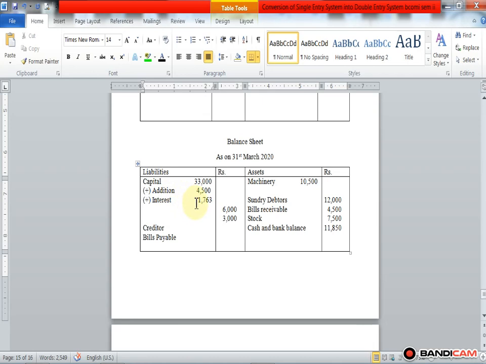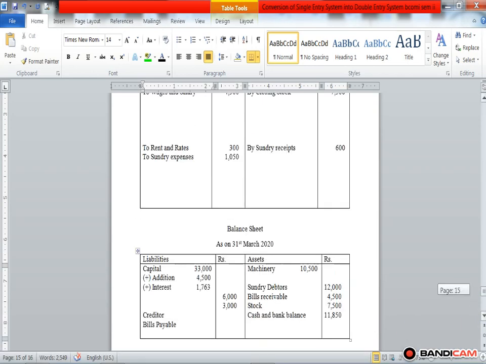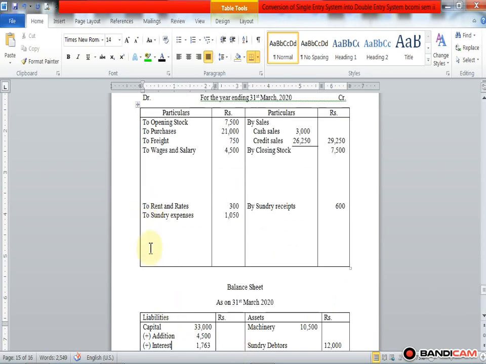Then we give the second effect of interest on the debit side of the profit and loss account, that is, interest on capital 1763, because it is an expense of the business, and business expenses are transferred to the debit side of the profit and loss account. Got it?